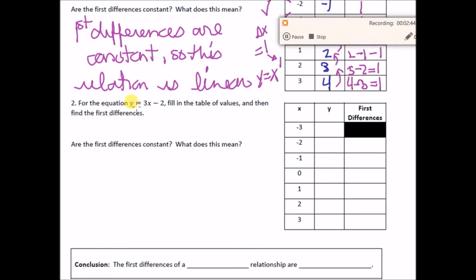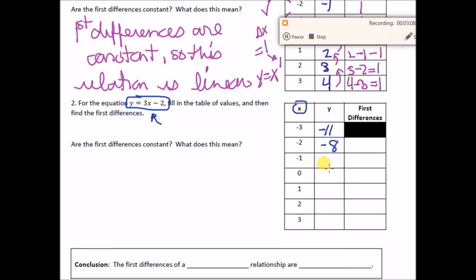Now for the equation y equals 3x minus 2, let's fill in the table of values again. I'll just walk you through two of these. 3 times -3, which is -9 minus 2. 3 times -2, which is -6 minus 2.